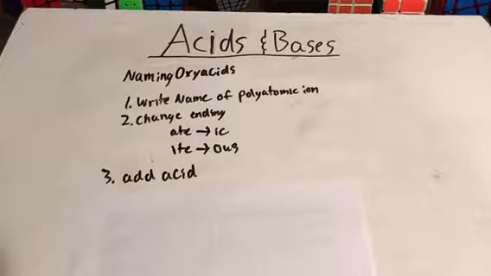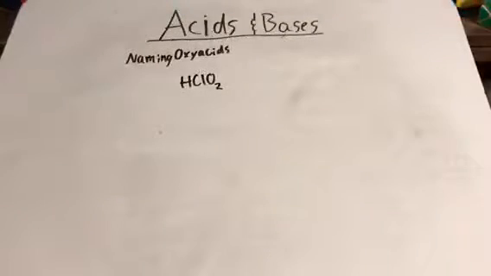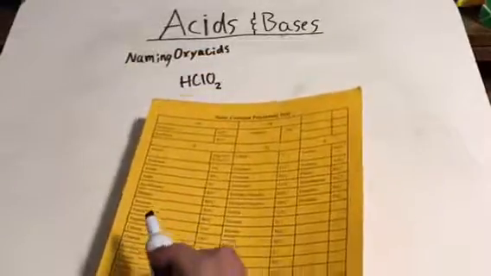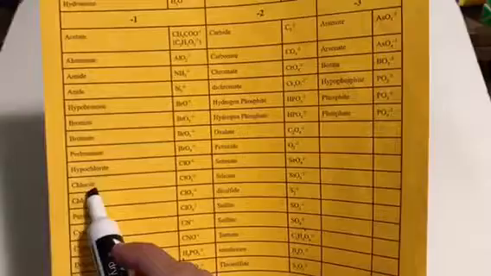So here is a couple of examples just to help you understand and make sure you get it. Alright, here's our first example, HClO2. First thing that you need to do is look on your polyatomic ion sheet and see the name of ClO2, which is right here. That is chlorite.